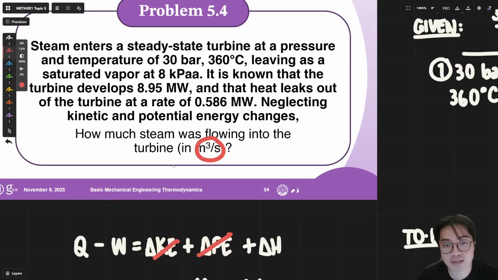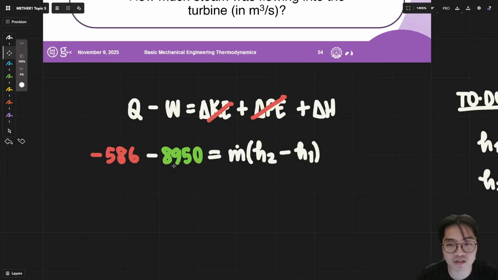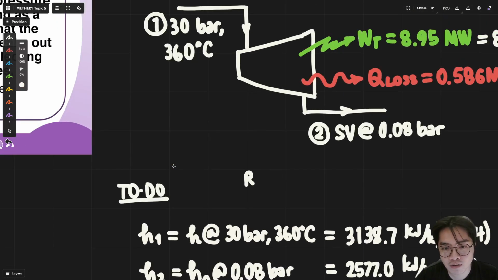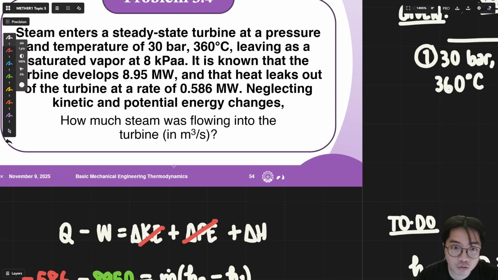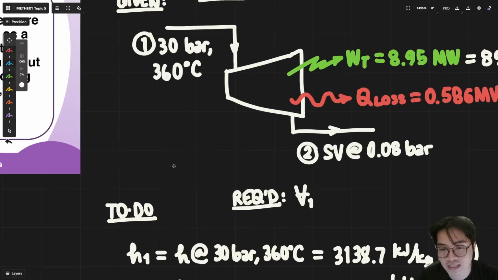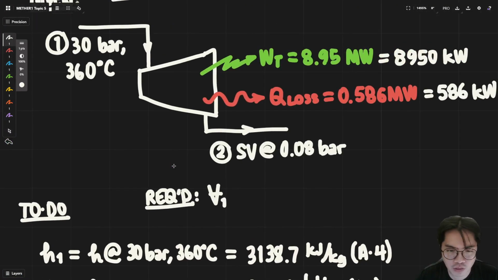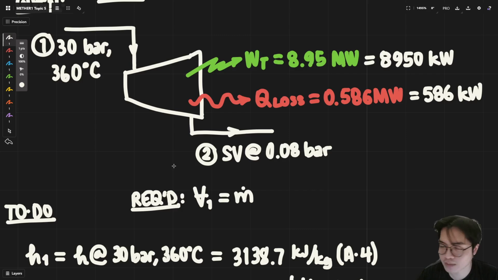But no, it's a meter cube per second. So instead of this required being the mass flow rate, it is actually the volume flow rate flowing into the turbine. So now that is V dot 1, which if we think about it, is just m dot times v1.